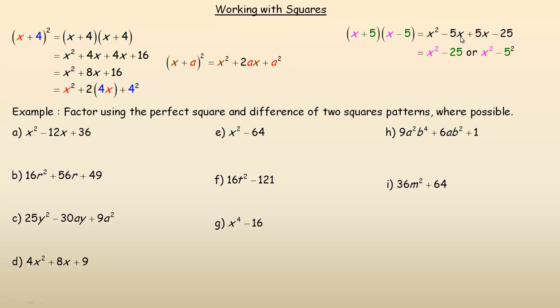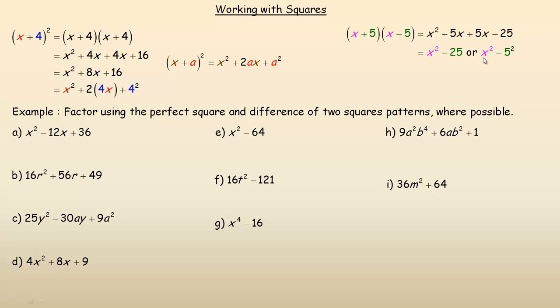The 5x and negative 5x in the middle are opposites, so they add to 0. That's why there's no x term here at all. And so it simplifies to x squared minus 25, because they're gone. Now, x squared minus 25 is the same as x squared minus 5 squared. 25 is actually 5 squared.